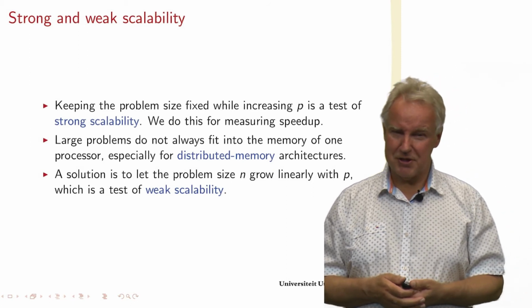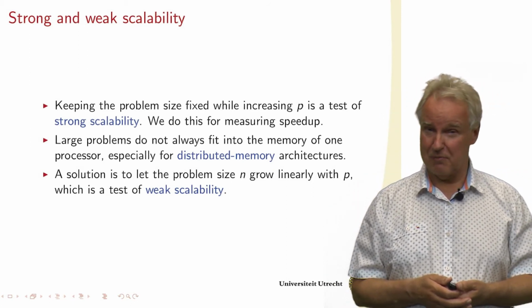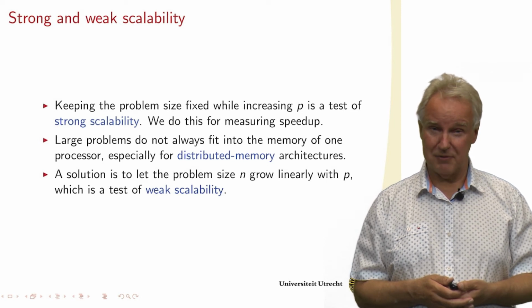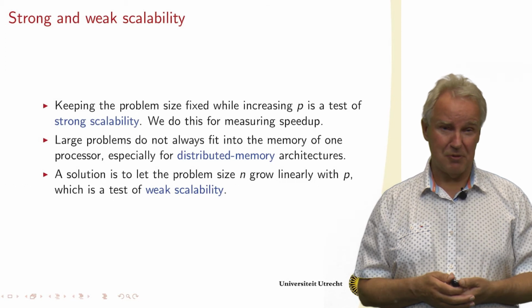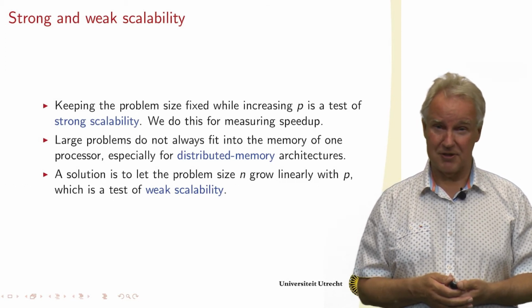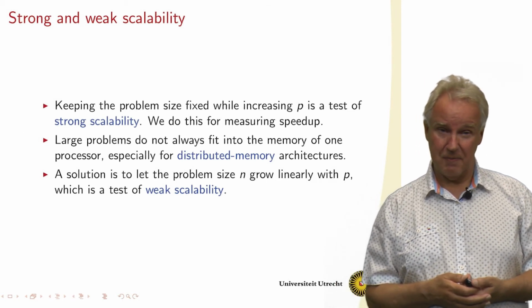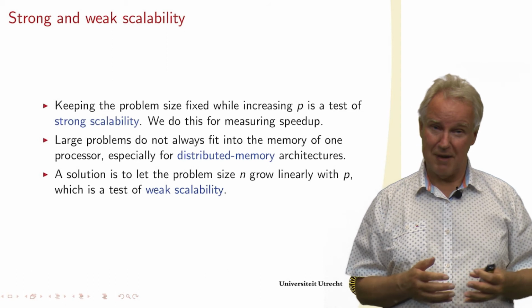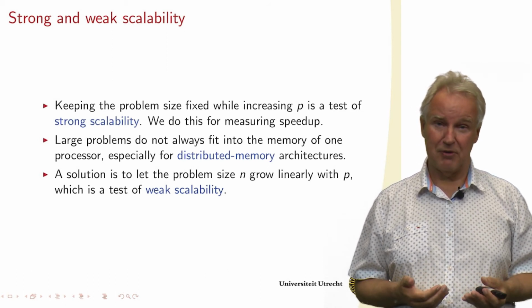Sometimes it's impossible to compare the time of a problem on one processor with the time on more processors, because the problem wouldn't fit memory-wise into a single processor. What you can do then is let the amount of memory and the problem size grow with the number of processors.